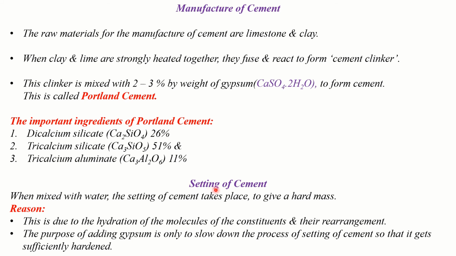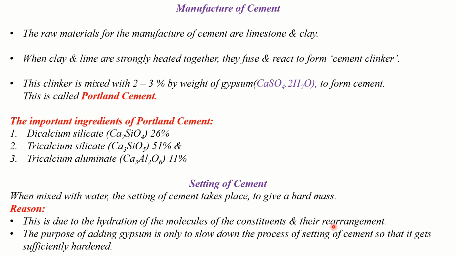Now I will move on to setting of cement. What is setting of cement? When mixed with water, cement slowly sets into a hard mass. This is called setting of cement and it is an exothermic process. Setting of cement is due to the hydration of the molecules of the constituents of cement and their rearrangement.